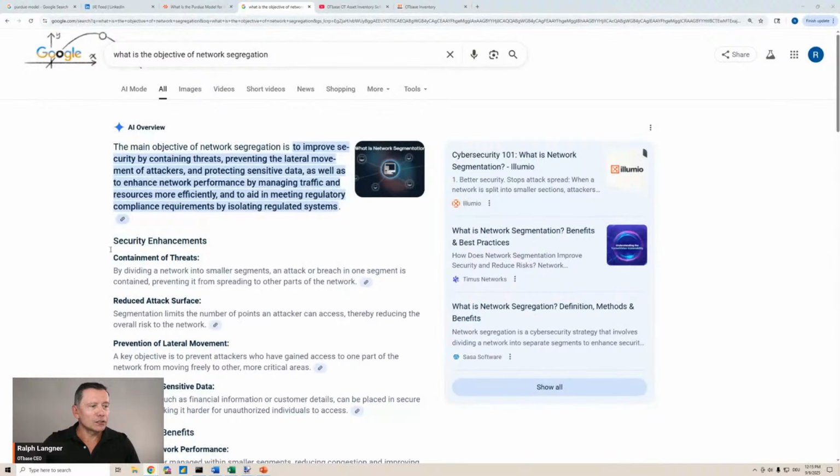And if you didn't know that already, you can also simply ask your good friend Google, where you would learn in a second that the main objective of network segregation is to improve security by containing threats, preventing the lateral movement of attackers, and protecting sensitive areas, blah, blah, blah. So that is the objective.